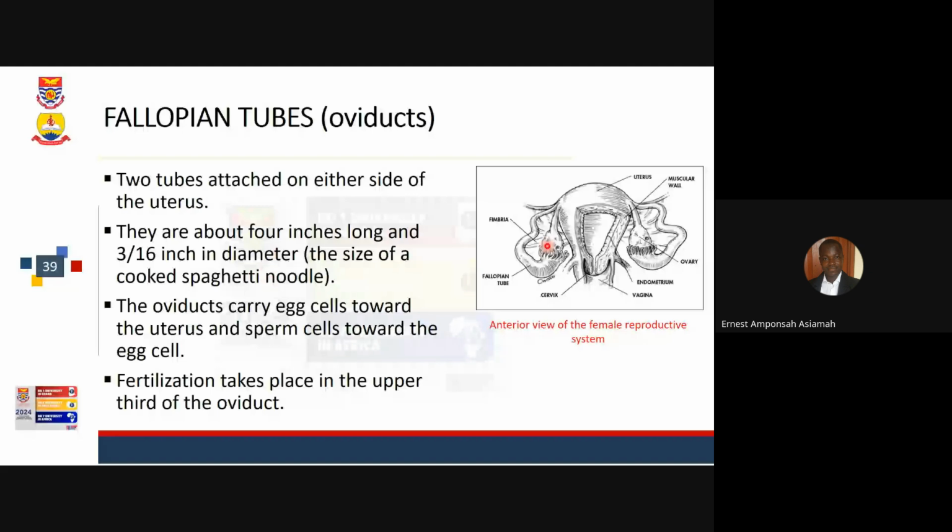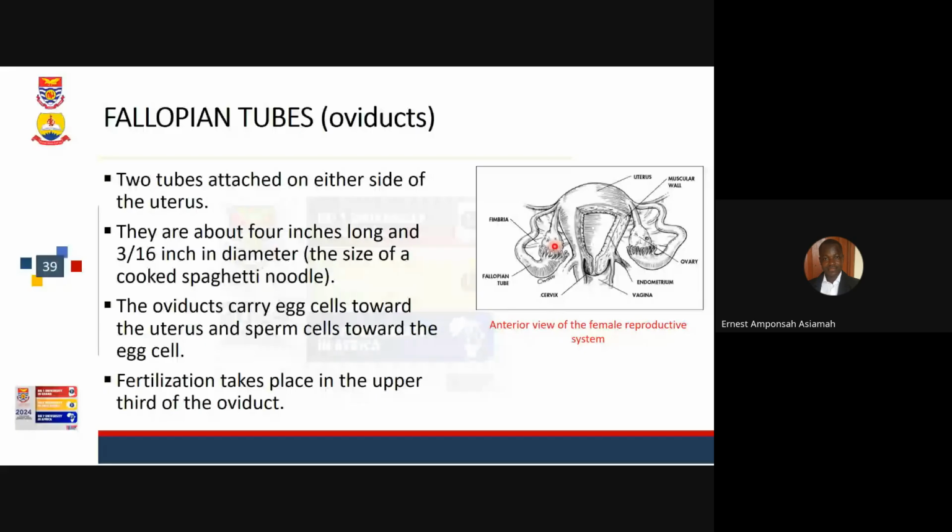The fallopian tubes are about 4 inches long, and they have the size of a cooked spaghetti noodle.